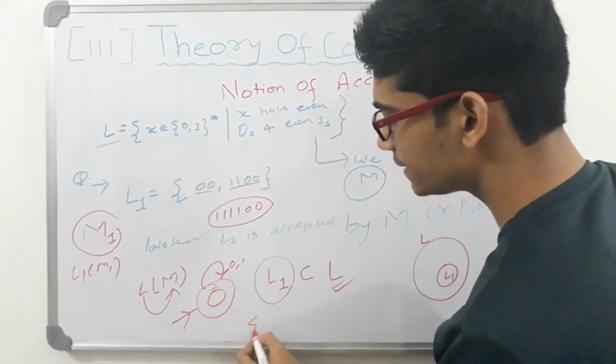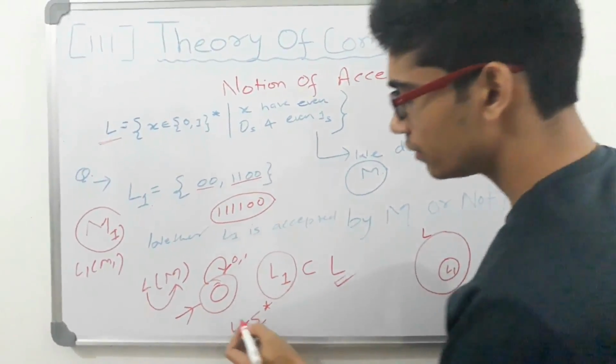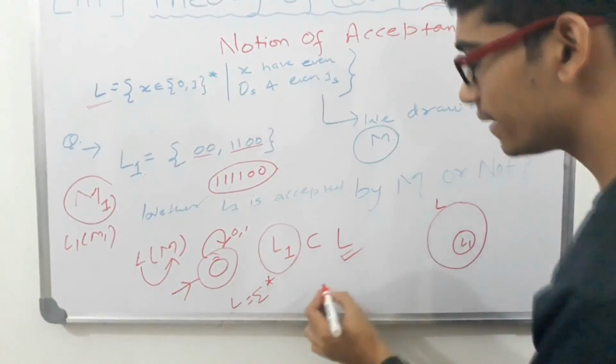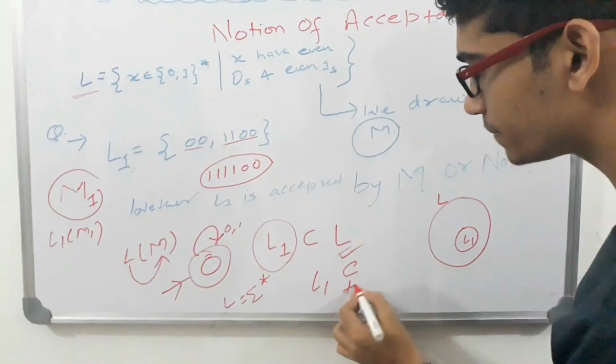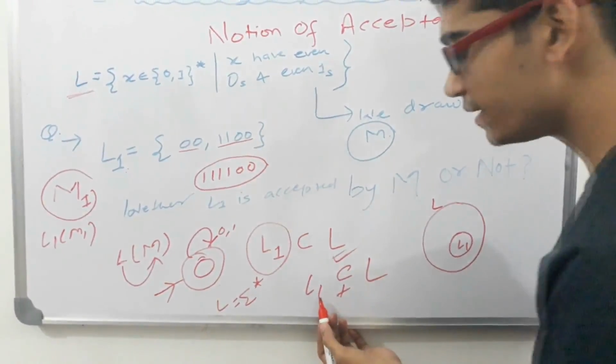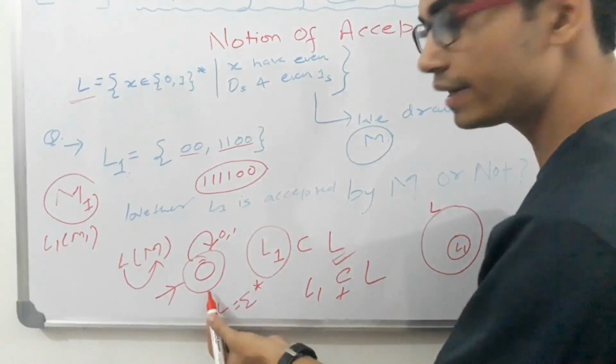So this is basically sigma star. This language is equal to sigma star. Now when I say language L1, which is a strict subset of L, by strict I mean that some elements of L are not in L1, then this L1 is not accepted.